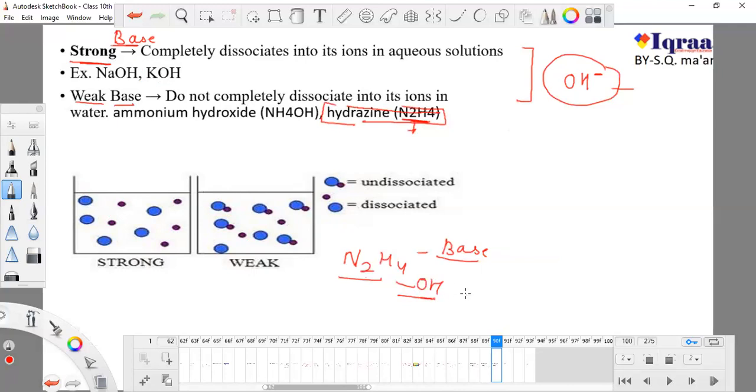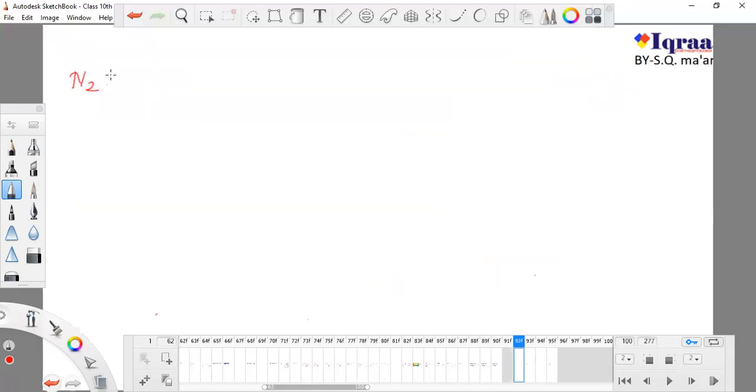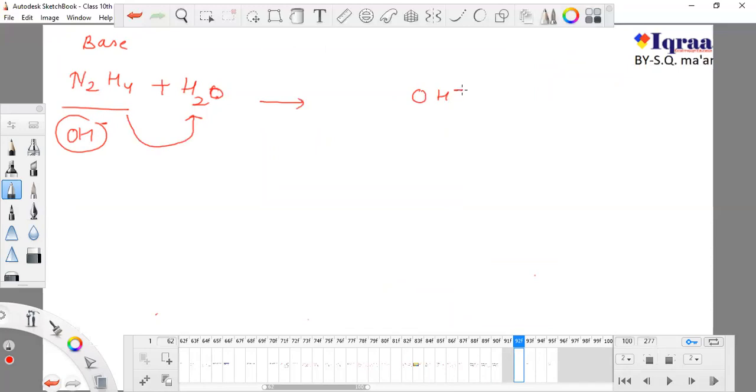Definitely it does not have OH, I know this, but this is a base, because when it goes with water, it pressurizes this water to release OH ions.